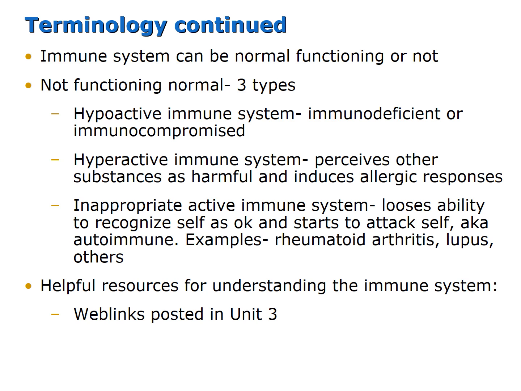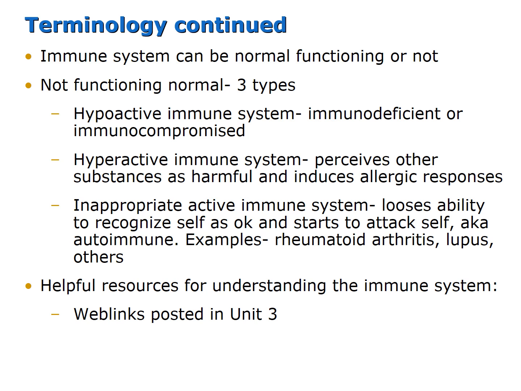We can have a hyperactive immune system, where the body perceives a substance as harmful and induces an allergic response. So, let's say that you're exposed to poison ivy, it's that time of year when that kind of thing happens, your body starts getting welts and causes you to itch like crazy.